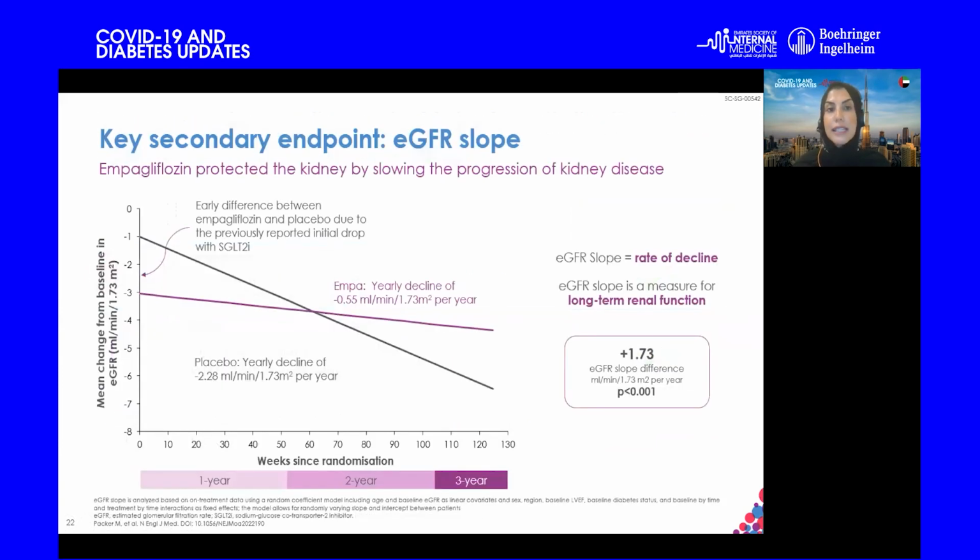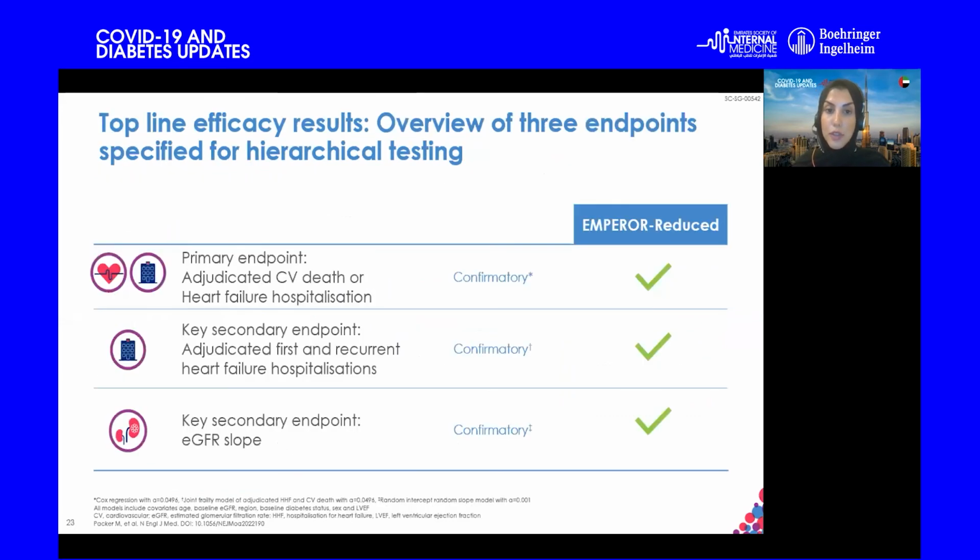Moving to the renal endpoint, and here we are mainly referring to the change in the eGFR at the baseline, and by this we can tell that empagliflozin did protect the kidney by slowing the progression of kidney disease with an addition of 1.73 difference in the eGFR at baseline in favor of empagliflozin compared to placebo.